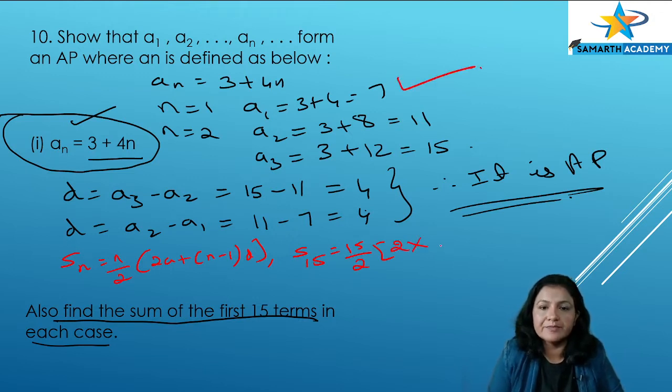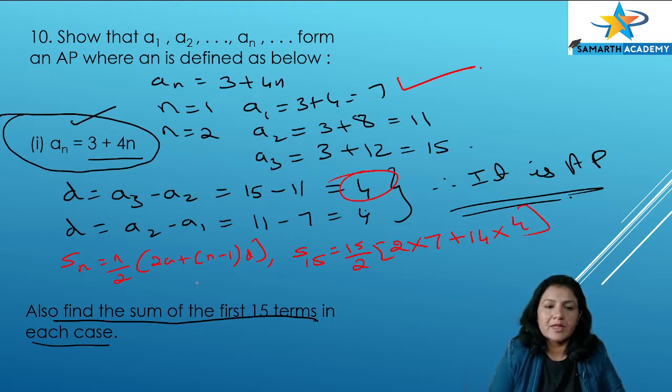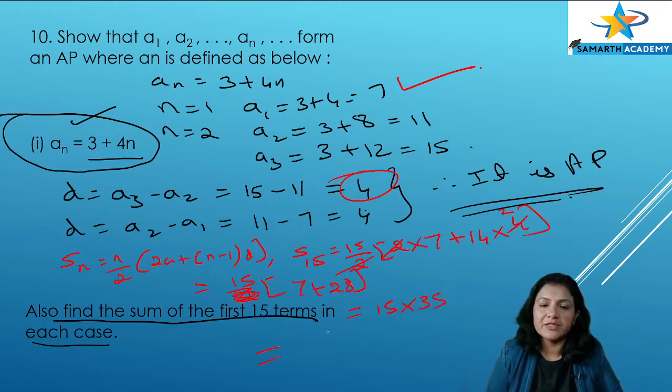A is 7, 7 plus n minus 1, 15 minus 1 is 14, into d. What is the value of d? D is 4. 15 by 2, let me cancel this 2 over here. So this becomes 7 plus 28, which is 35. 15 into 35 is 525.